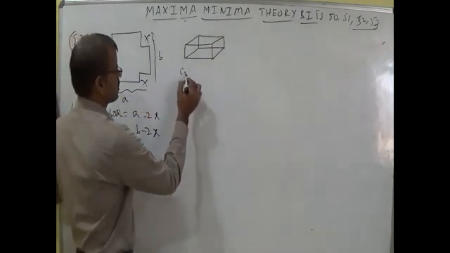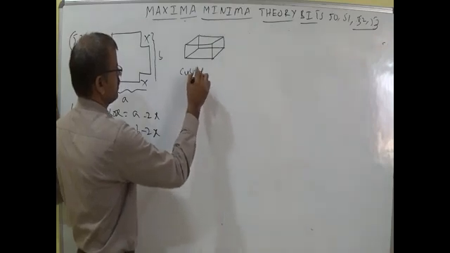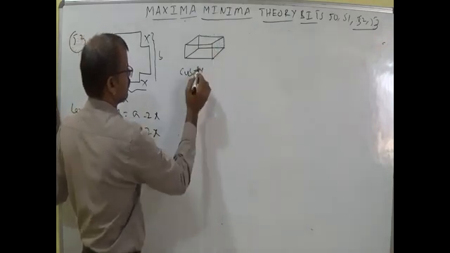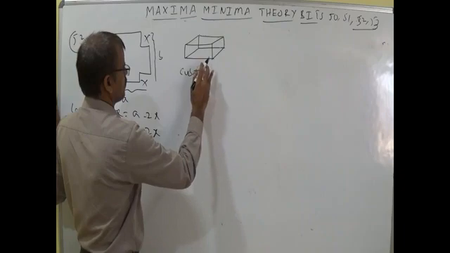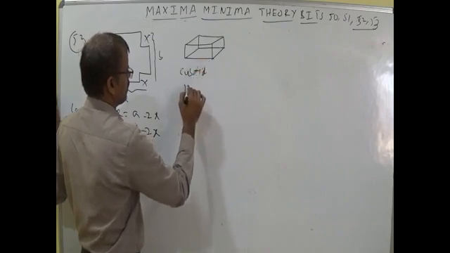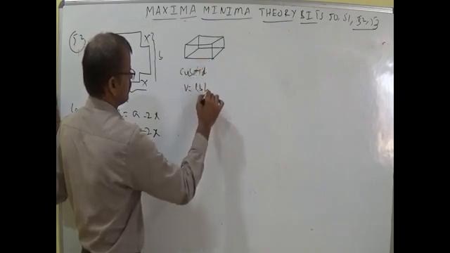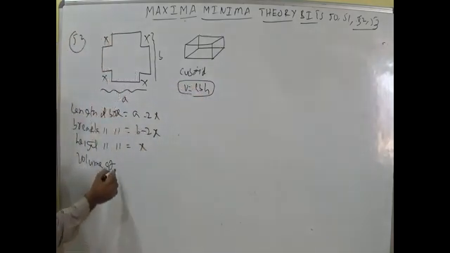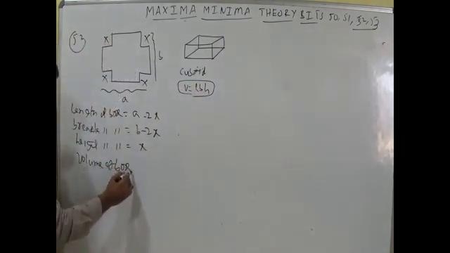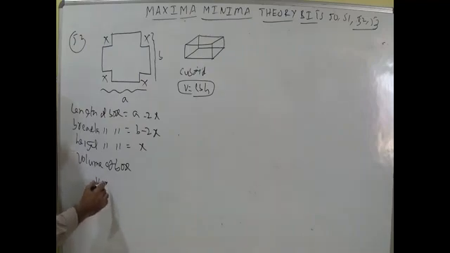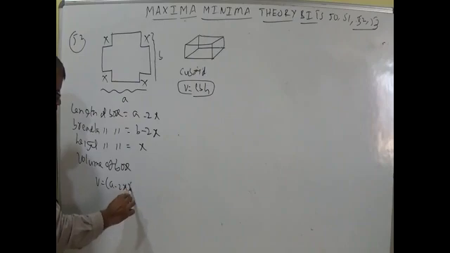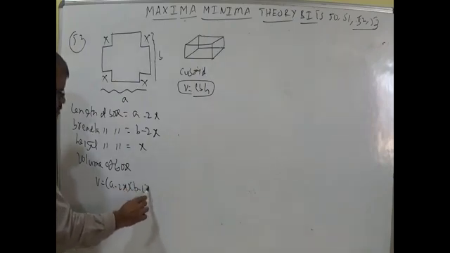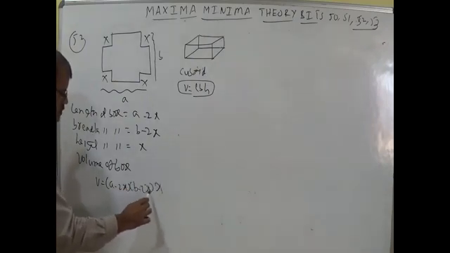You can think of this as a cuboid. The volume of the cuboid formula is V equal to length into breadth into height, LBH. So volume of the box V is equal to LBH, which here is a minus 2x into b minus 2x into x.